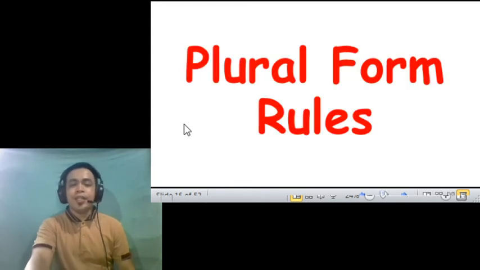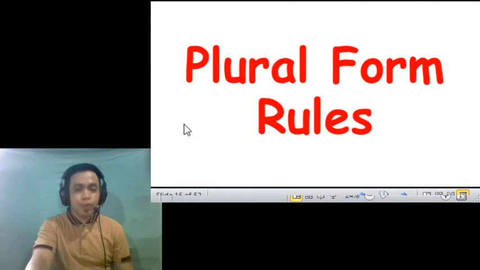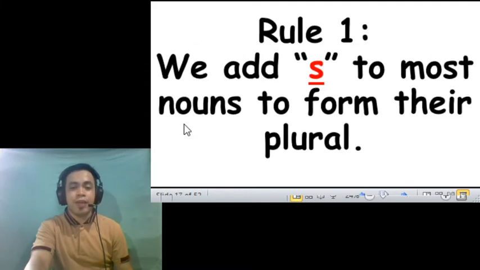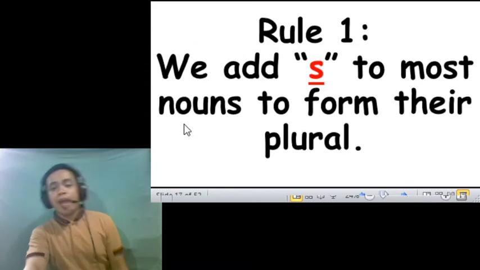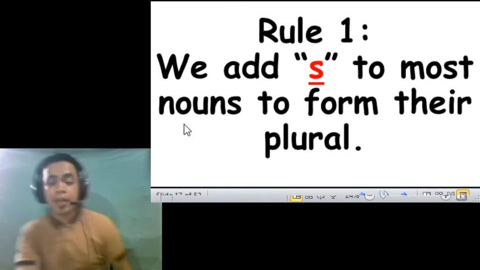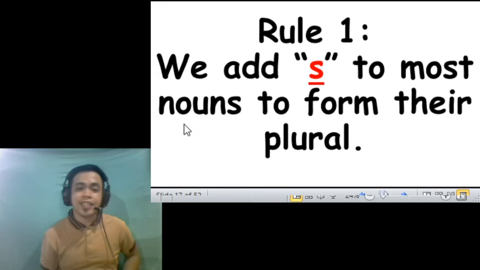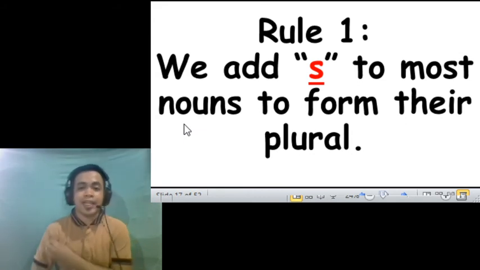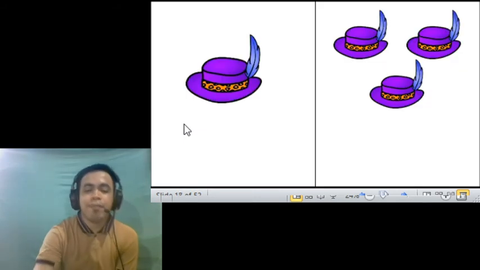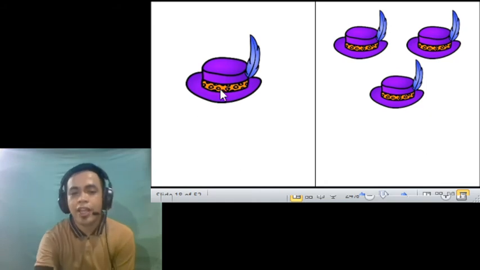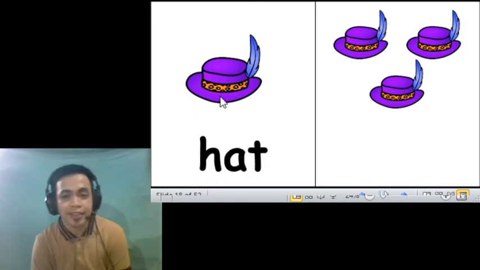Now, and we discussed some plural form rules. Okay, paano ba siya gagawin? Una, we add s to most nouns to form their plural. So nagdadagdag daw tayo ng letter s sa dulo para maging plural ang isang noun. Okay? Halimbawa, this one. The one on the left is a hat. Ngayon, ilan yan? Isa.